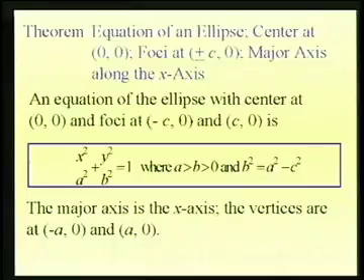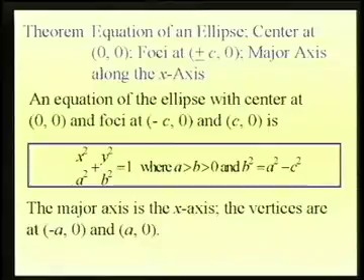An equation of the ellipse with center at the origin and foci at negative c, 0 and c, 0 is x squared over a squared plus y squared over b squared equals 1. A must be greater than b, which must be greater than 0. And finally, b squared equals a squared minus c squared. Again, the major axis is the x-axis, and the vertices are at negative a, 0 and a, 0.